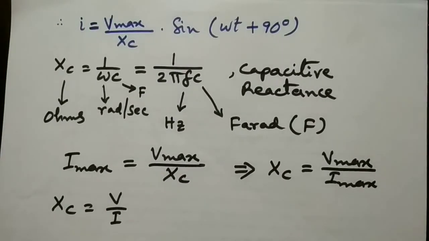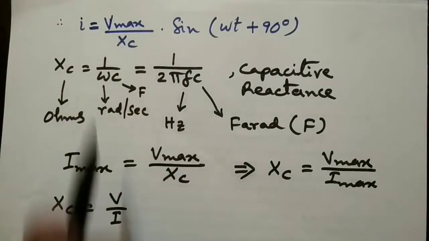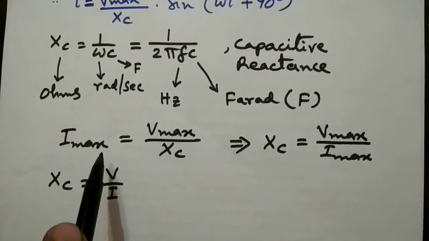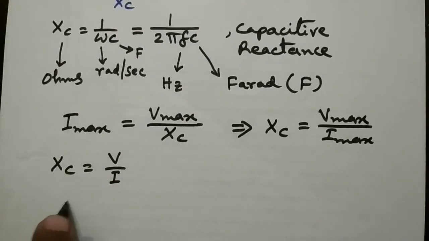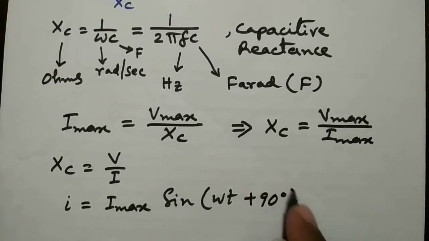Now in this current expression, instead of Vmax upon Xc, we can put the value as Imax. Therefore the current in the capacitive circuit can be written as I equal to Imax sin(omega t plus 90 degree).